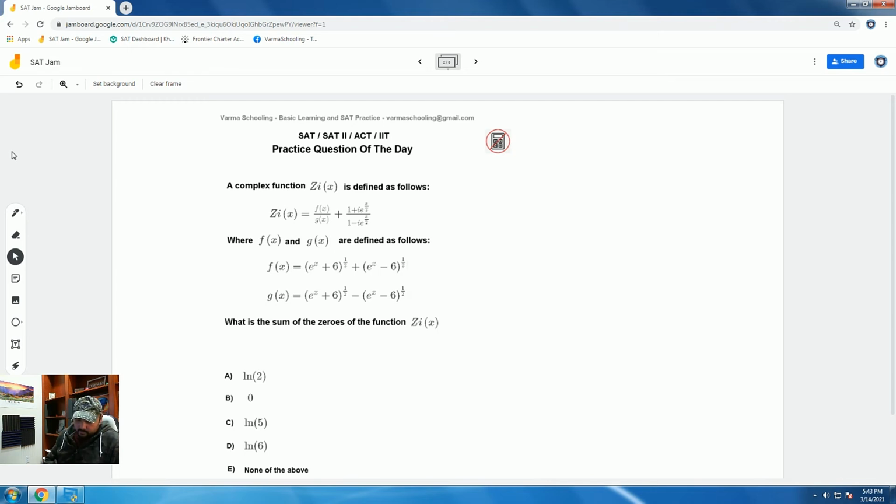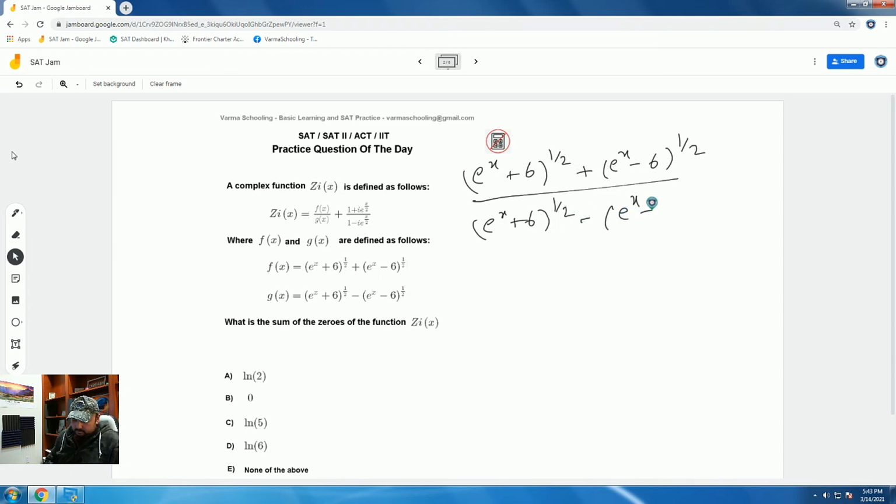So to simplify this function, it looks very daunting, but what we're looking at here is (e to the power x plus 6 plus e to the power x minus 6) divided by (e to the power x plus 6 minus e to the power x minus 6).